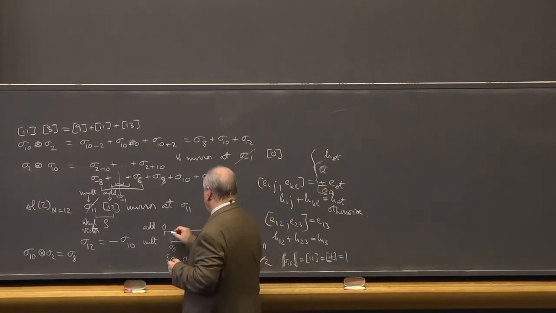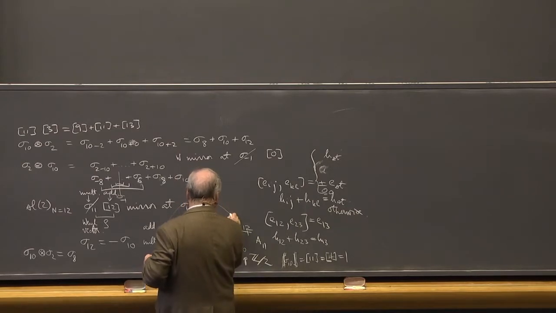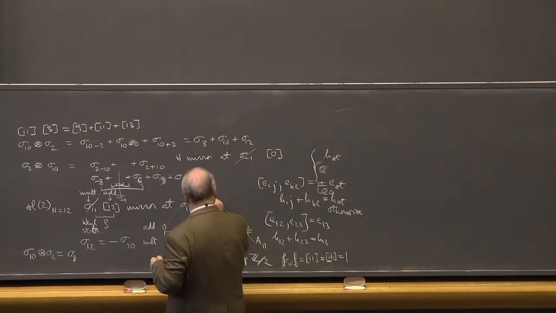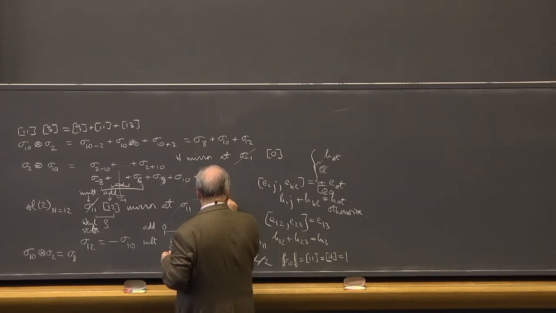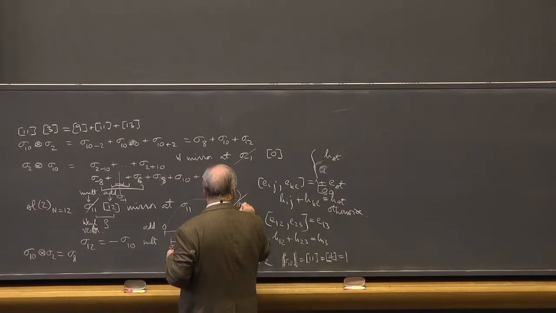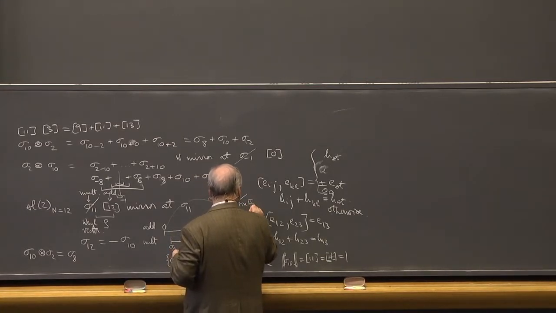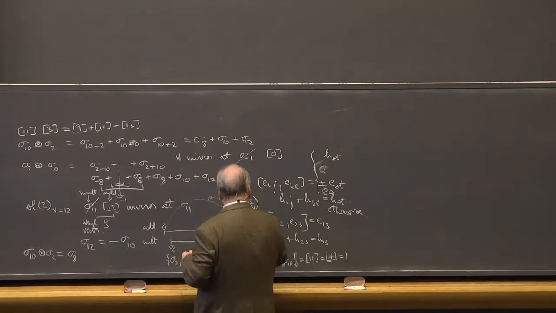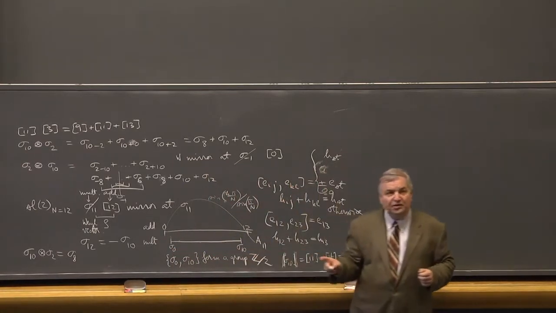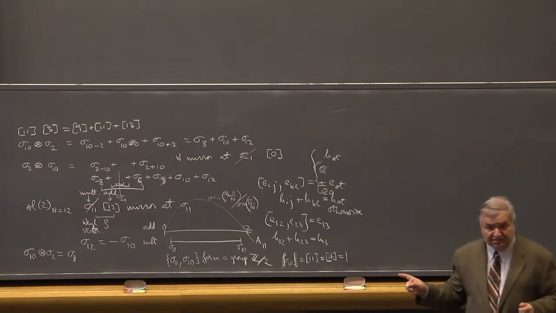Yes, so the dimension is a sine function: sine of k pi over n divided by sine of pi over n. So I'm writing them here because they have similar expressions in general.